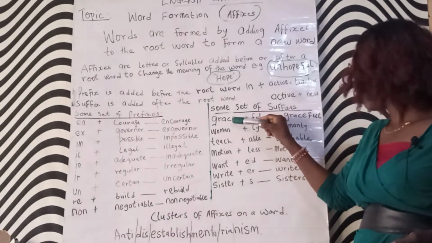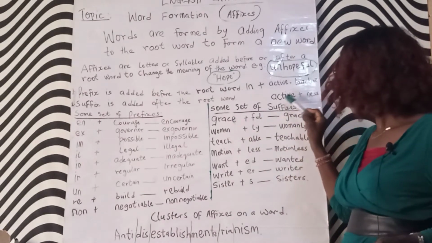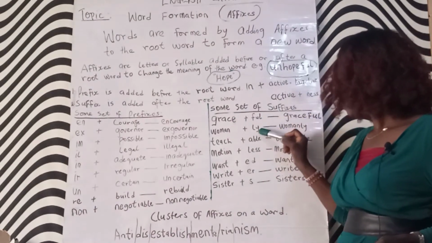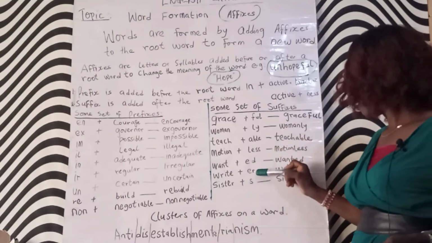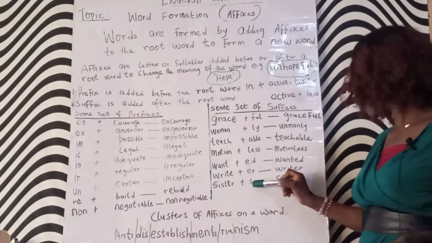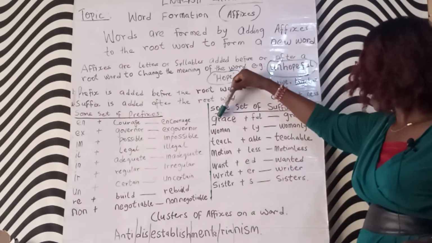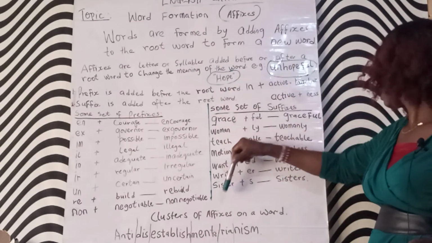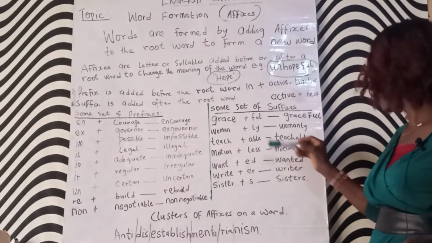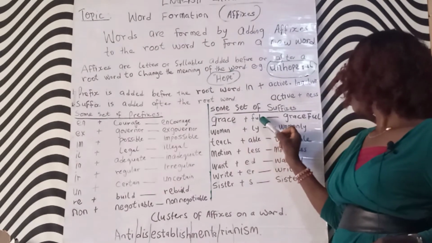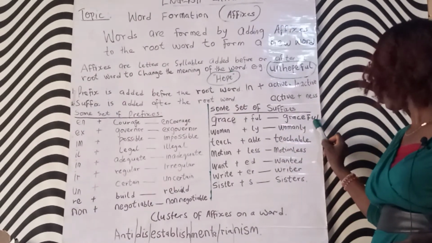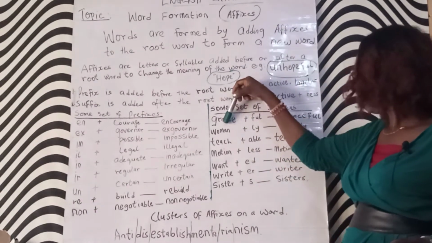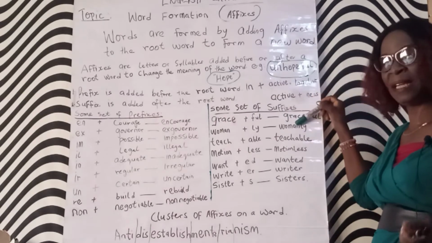We have full, ly, able, less, ed, er, s. These are the root words, and they form the new words. Grace, when you add full, you have graceful. Woman plus ly, it becomes womanly.